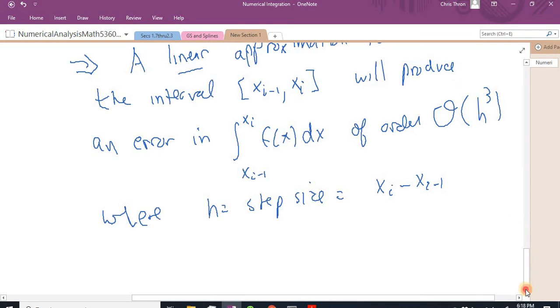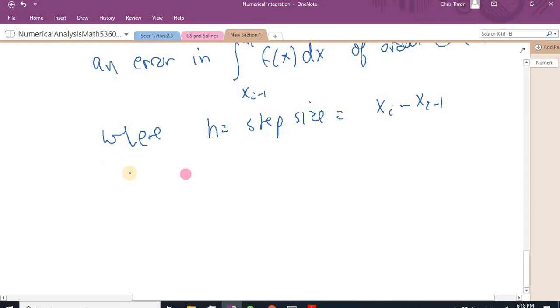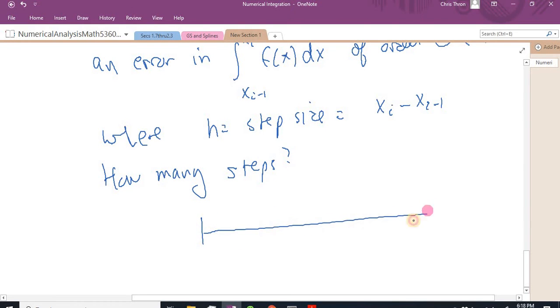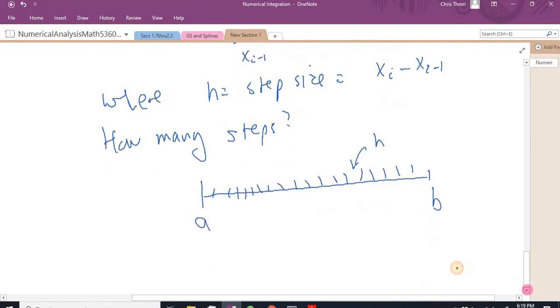But now the question is, how many intervals, how many steps do I have? Okay. If I'm integrating from a to b, okay, and I'm dividing these into steps, and each step is h, then how many steps are there?